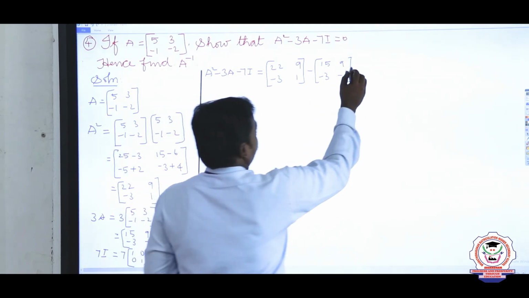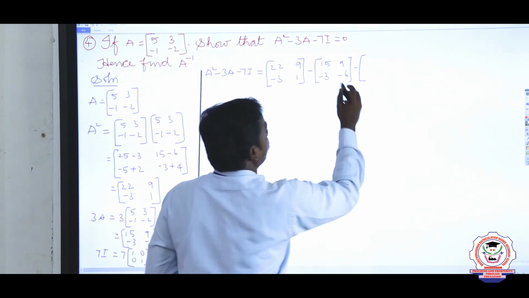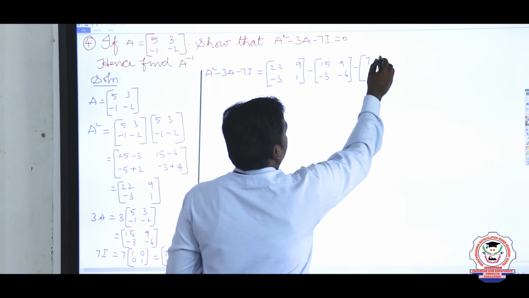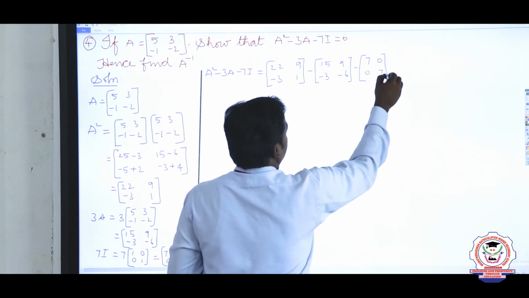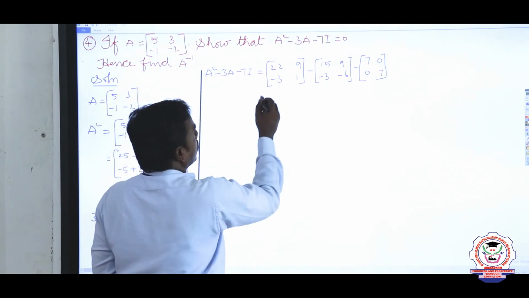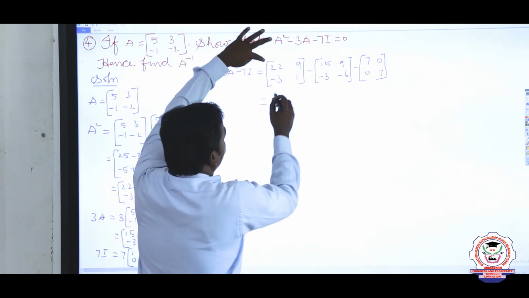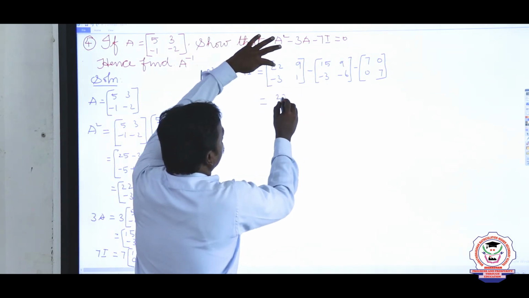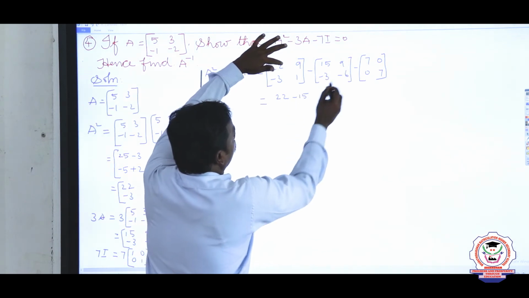Then minus 7I: 7 into the identity matrix, so [7, 0; 0, 7]. Now I am going to subtract these two matrices from the first matrix. First element: 22 minus 15 minus 7.